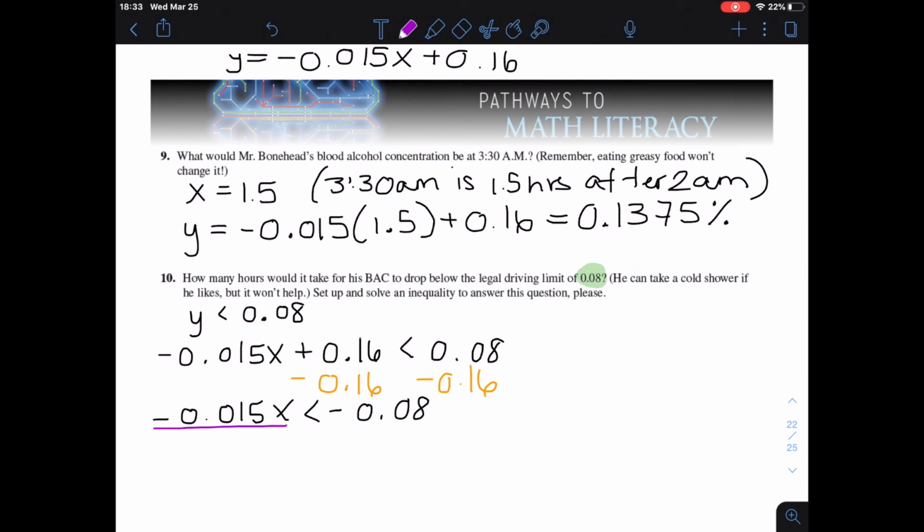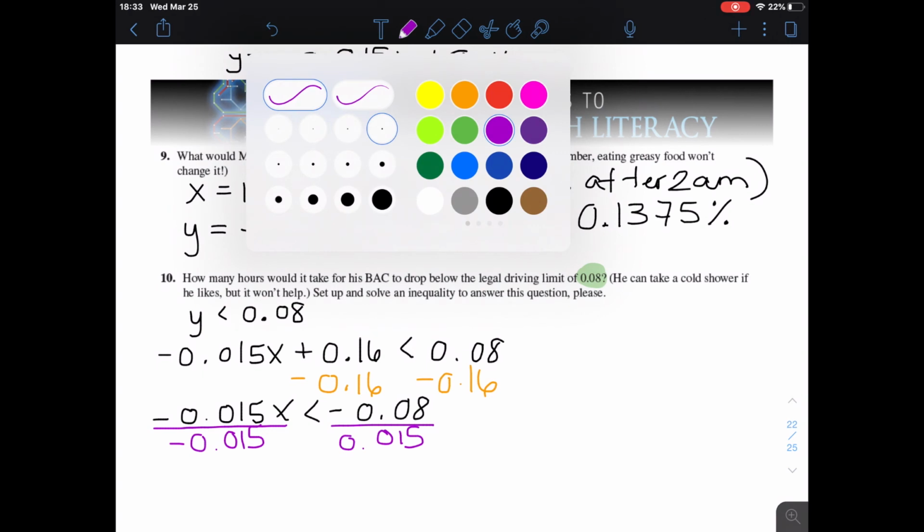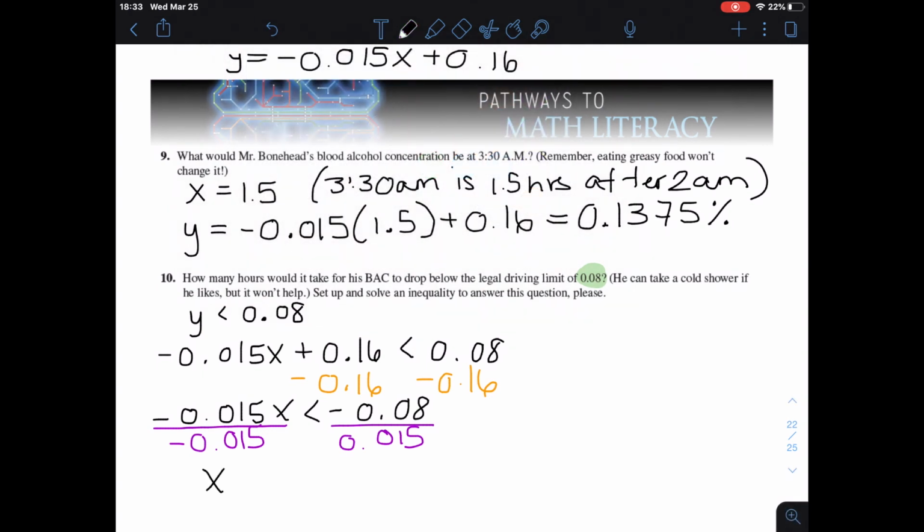And then you want to divide by the constant out front to get x on its own. But you have to remember when you divide an inequality by a negative number, the sign has to flip. So now it becomes x is greater than, and if you divide these two, it's going to be around 5.33.